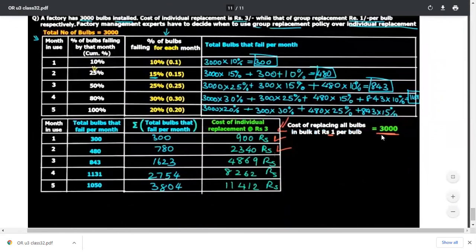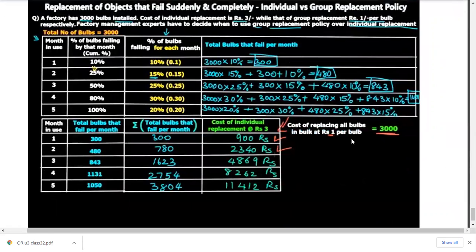Now we look at the cost of replacing all bulbs in bulk at 1 rupee per bulb. At a time we will replace all the bulbs. Because 3000 bulbs are in the factory, each bulb costs 1 rupee, so the overall cost is 3000 rupees.